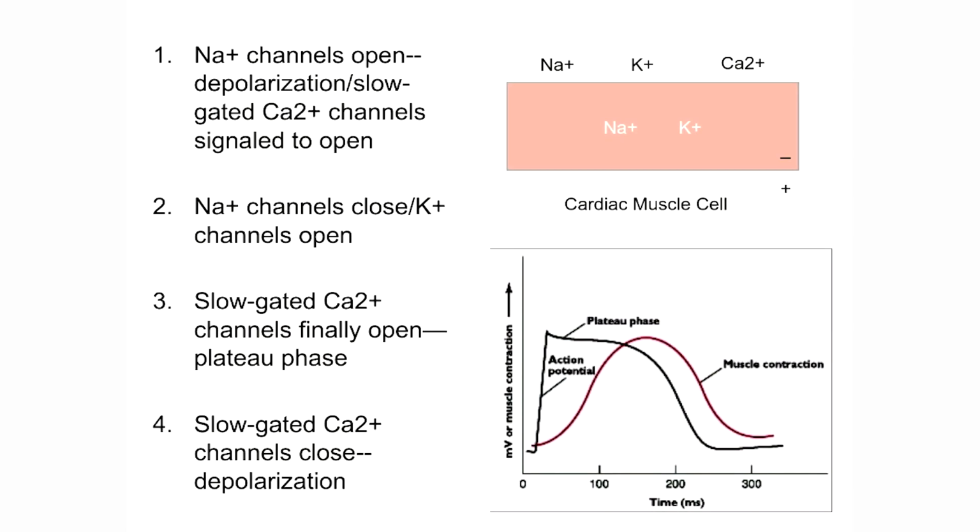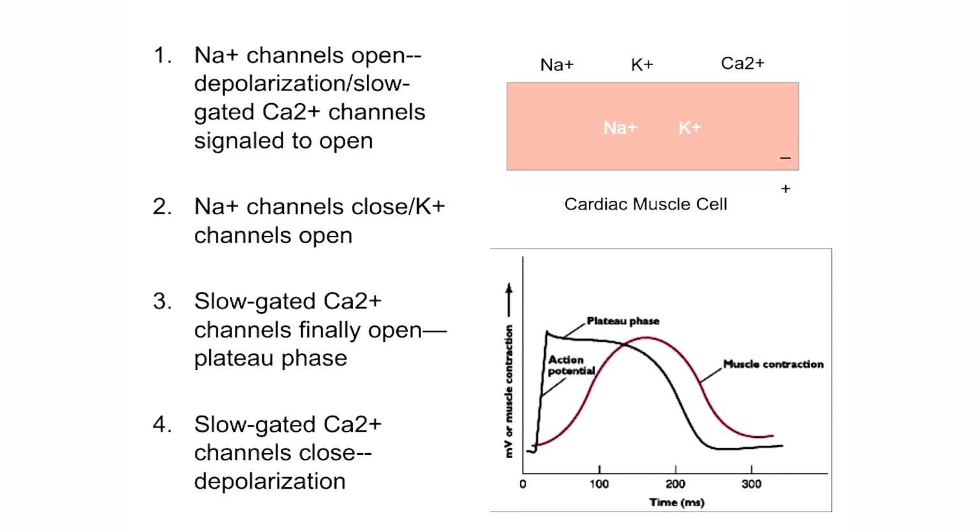So with this last slide, what we're going to do is look at the situation for what's happening with contraction in cardiac muscle. And the contraction part of cardiac muscle is basically identical to what happens with skeletal muscle. There's a little bit of a difference in the action potential that we talked about previously, whereby that action potential is extended.